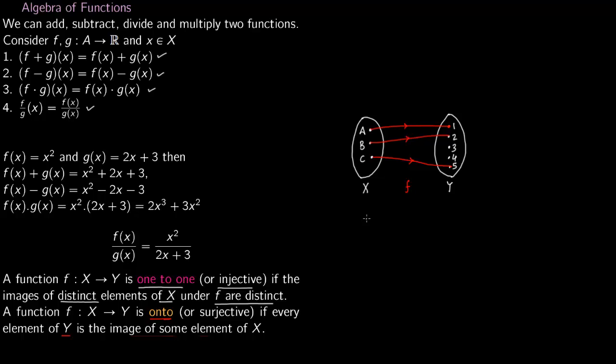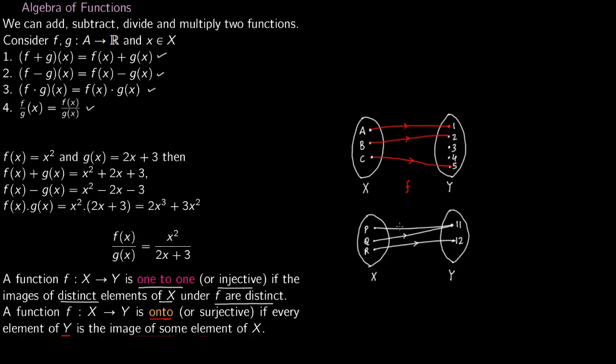So again we will fix sets. So say you have set X and you have set Y. So Y has say two elements, say 11 and 12, and say there are three elements here, say p, q and r. So p and q both get mapped to 11 and r gets mapped to 12.